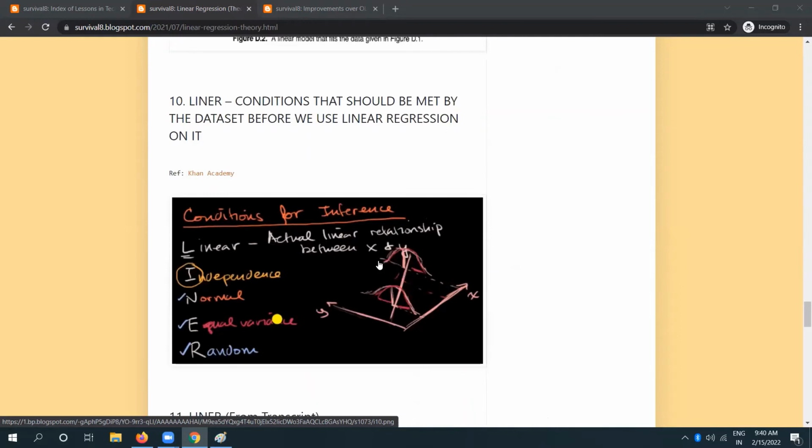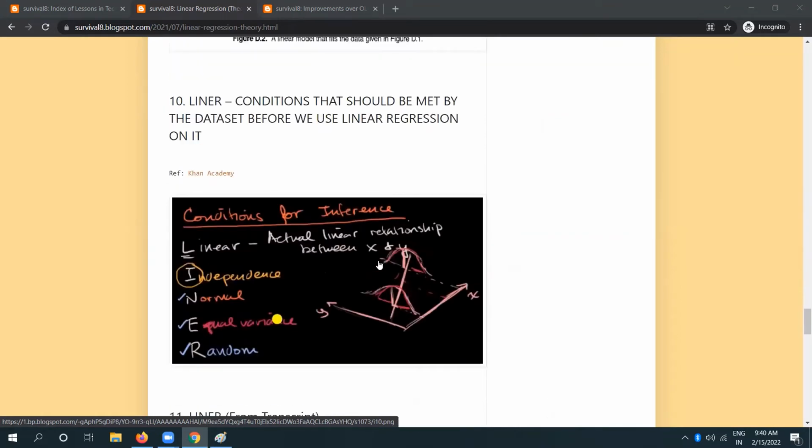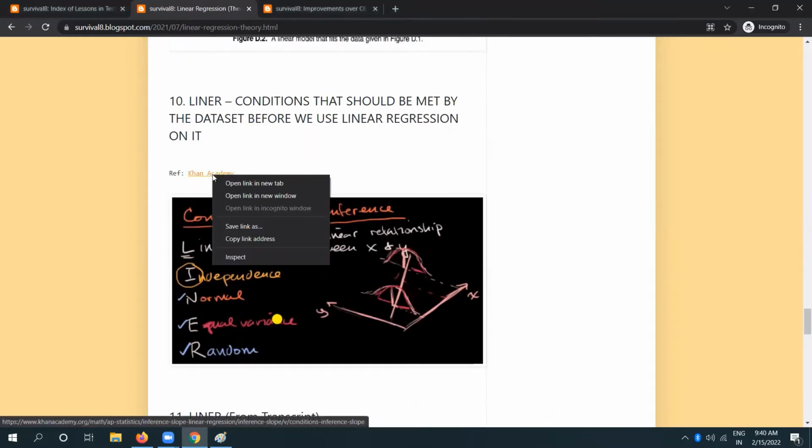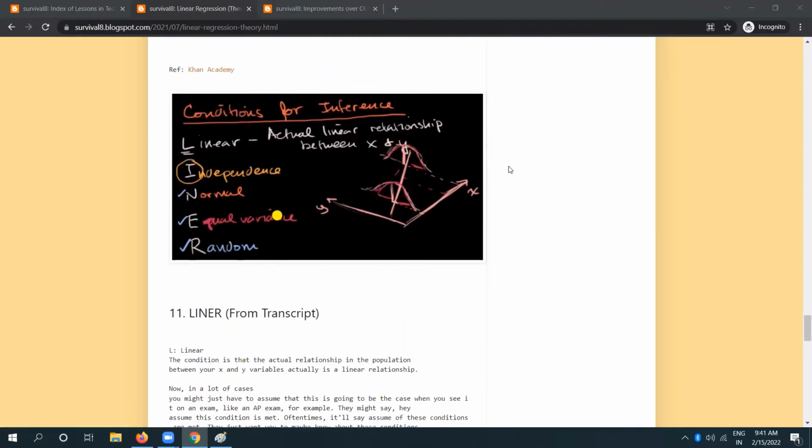There are some conditions that should be met by the data set before we use linear regression. I have taken this picture from Khan Academy, on conditions for inference.